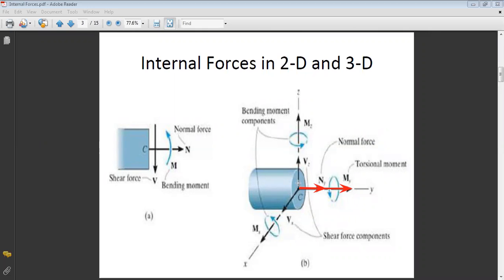So here in 3D, you have 2 bending moment components, one in Z, one in X, which are the axes of the cross section, and you have 2 shear forces, Vz and Vx. While in 2D you have only 1 shear force and 1 bending moment.